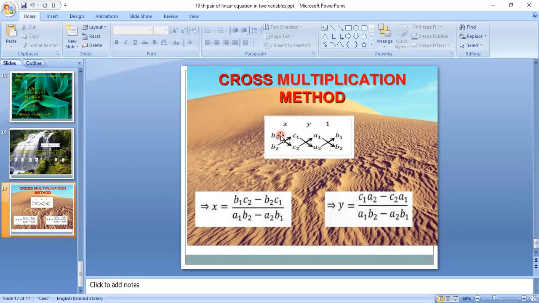So x is equal to (b1c2 minus b2c1) divided by (a1b2 minus a2b1), and y is equal to (c1a2 minus c2a1) divided by (a1b2 minus a2b1). This is the formula to find the solution of x and y by the cross multiplication method.